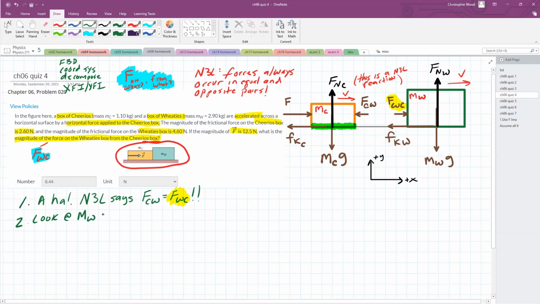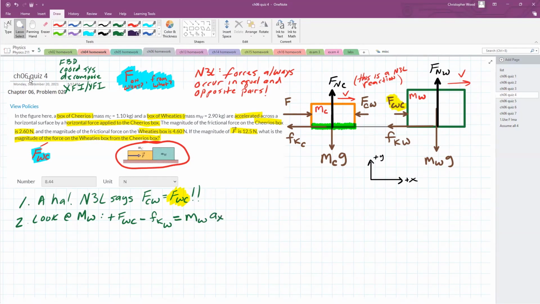So if I look at the Wheaties, this is what I have: plus FWC, that's going rightward, right there you can see, minus FKW, minus the kinetic friction force acting on the Wheaties. And I guess that's it, isn't it? Okay, and it equals mass of the Wheaties times a sub x.